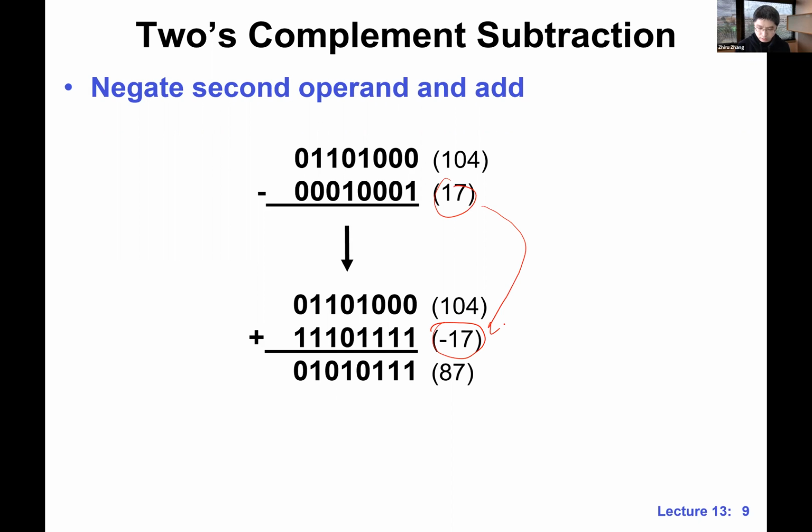Last time we talked about how to do this conversion for 2C, 2's complement. Given x, you want to get minus x. What are the steps? We first flip all the bits, and then we plus 1. So this is the conversion, how we get 2C for minus x.